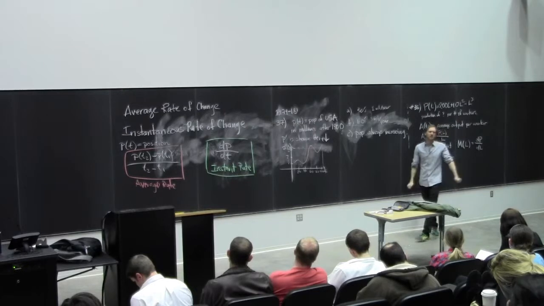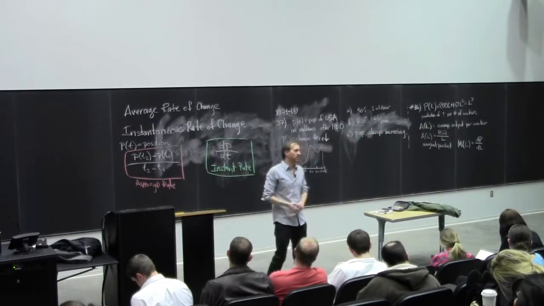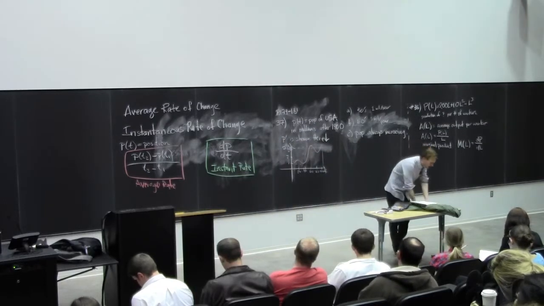It's the derivative. And it basically says if you add one worker, what's going to happen to your production? You're going to add one worker, see what happens. Okay, great.